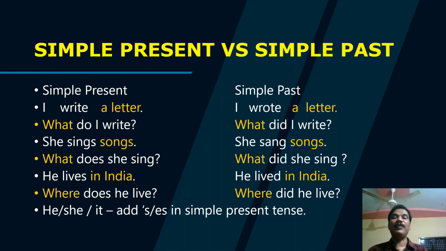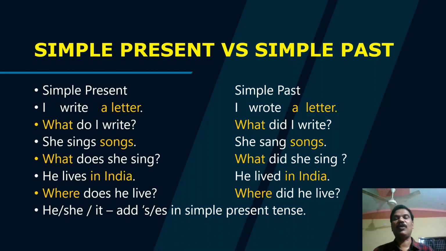Did plus V1 in questions, interrogative questions and negative sentences. So a letter is an object, a thing. So what? Wrote is past tense. In place of past tense we use did. As it is, the first part comes to the end of the question. So I wrote. What did I write?